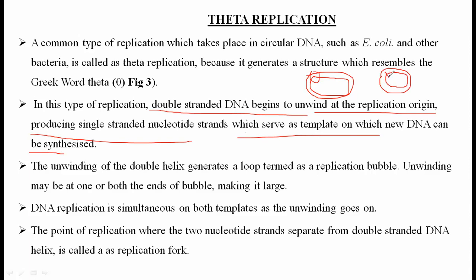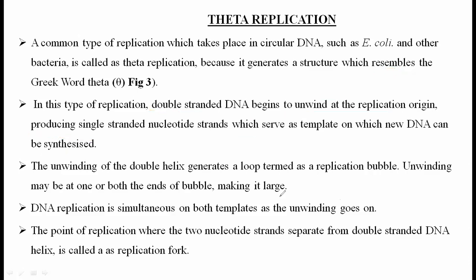This will serve as a template, and this will also serve as a template, but these are circular in nature. This will synthesize one strand, and this will synthesize one strand. Both the nucleotide strands will serve as templates, and both will synthesize a new strand, because each strand serves as a template, and a template can synthesize a new strand.